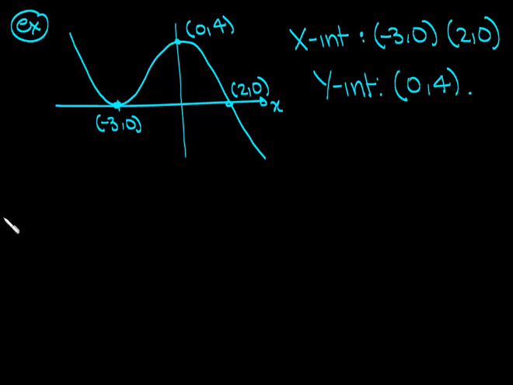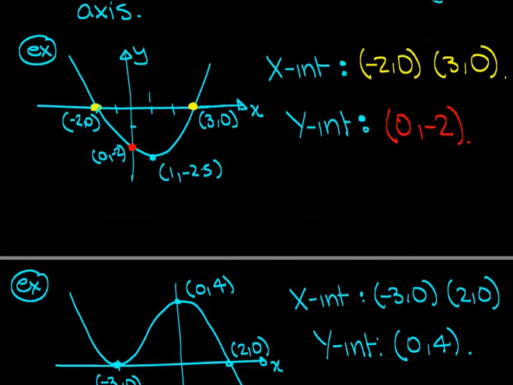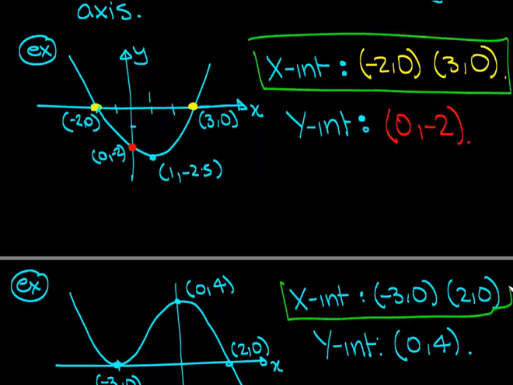But how do you find them if you were given an equation? What do you notice about both of these examples? Let's just pay attention to the x-intercepts for a second. I have two x-intercepts here. What do you notice of every single x-intercept? Remember, x-intercept is a point, right? So what do you notice about every single one of those points? What's special about them? The y value is always 0.